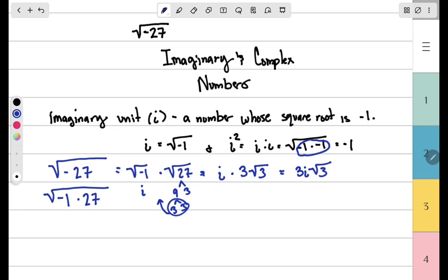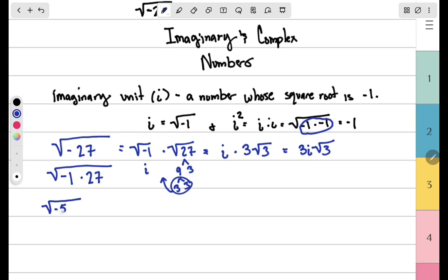So for any real number, you can take out that imaginary unit to make the radicand positive.